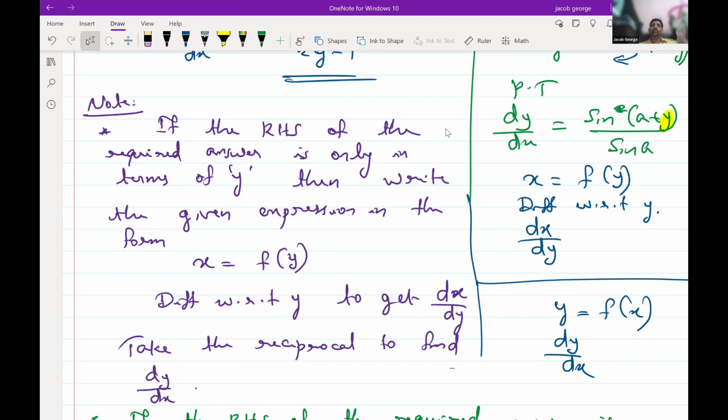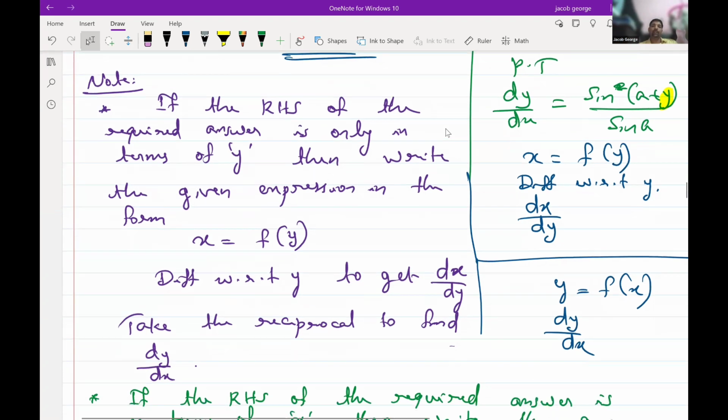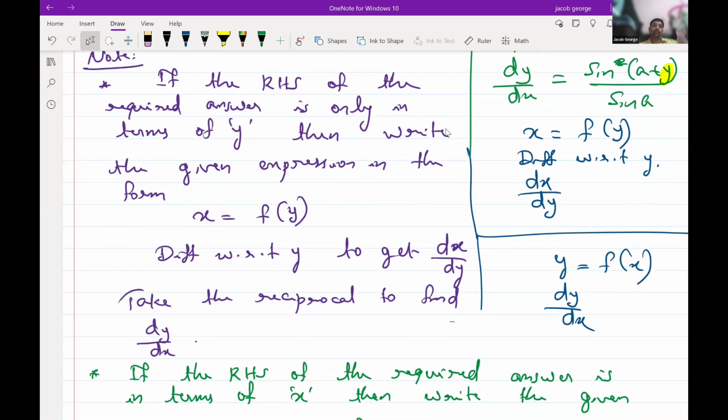So if the right hand side is in terms of y, we have to write the given expression in the form x equal to f of y. This pattern of questions is very important. X equal to f of y. Then we should differentiate with respect to y and get dx by dy. Then take the reciprocal to find dy by dx. So this pattern of question you have to practice again and again.